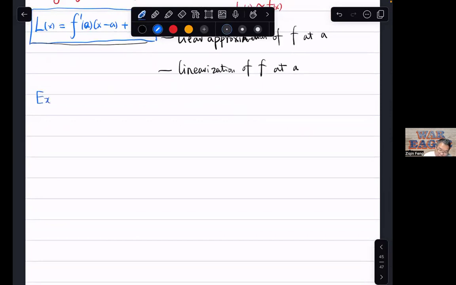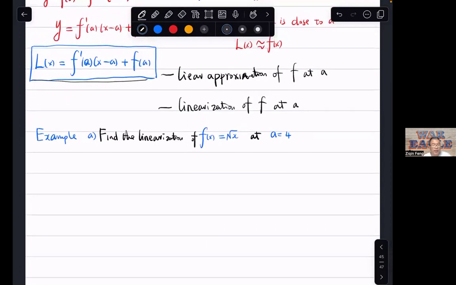Example: we are given the function f of x equals root x, and the number a equals 4. The first part is to find the linearization of this function at this number. How do we do that? You just need to figure out f of a and f prime of a.